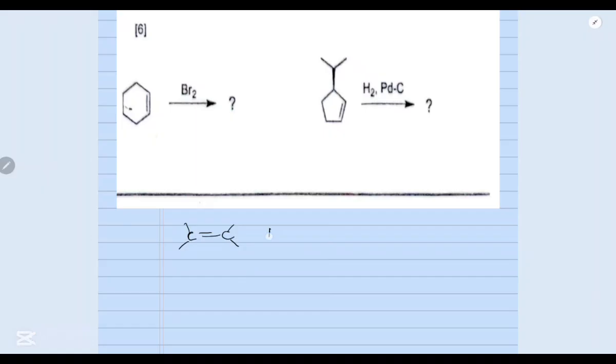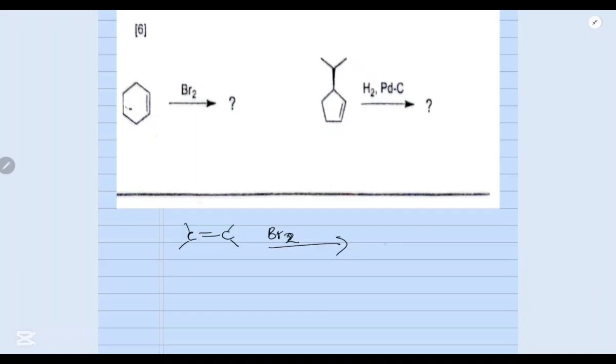And if we treat it with Br2, our product is an addition of a halogen into opposite sides of the molecule.